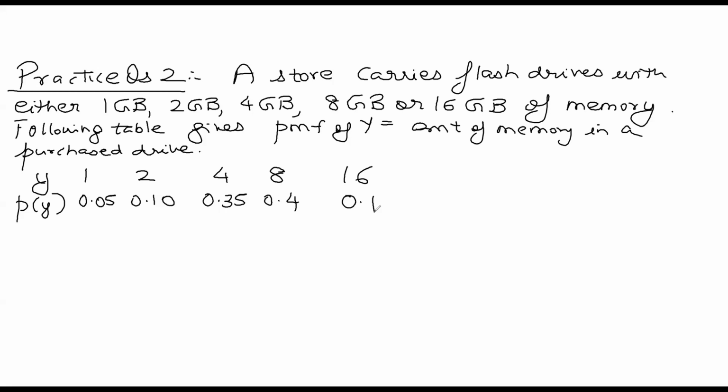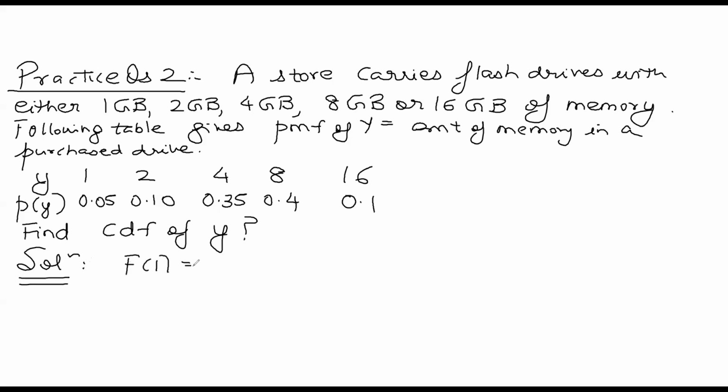Okay, now the question asks us, find the cumulative distribution function of y. So I ask you, how will the cumulative distribution function look like? F of 1 will be the probability of y taking the value less than or equal to 1, which is how much? 0.05.